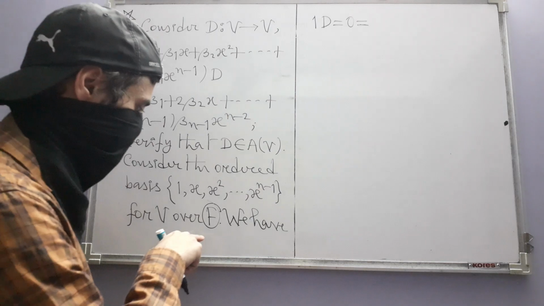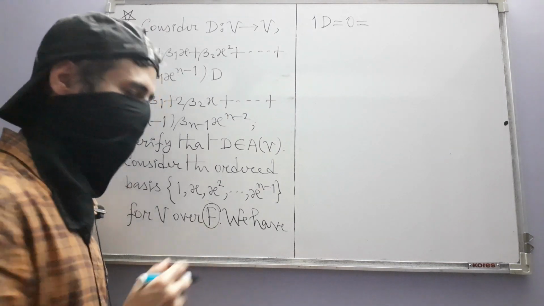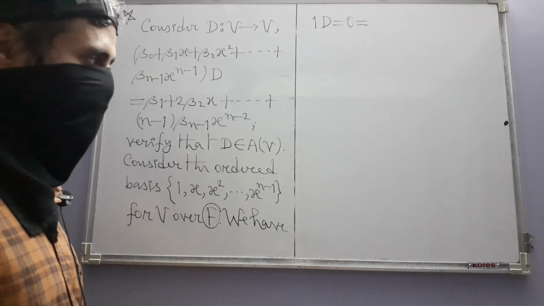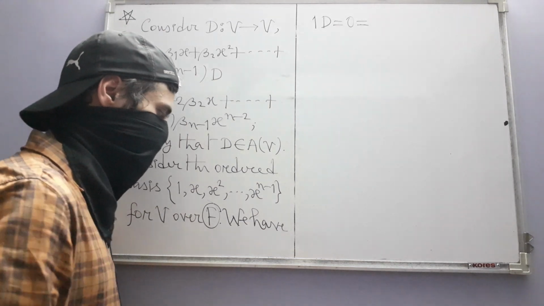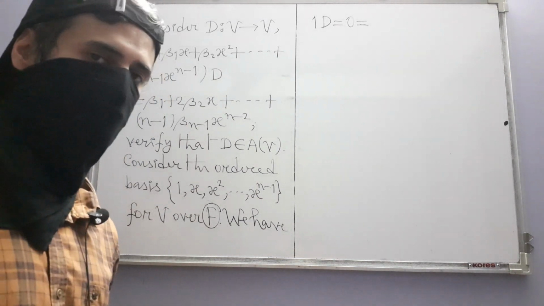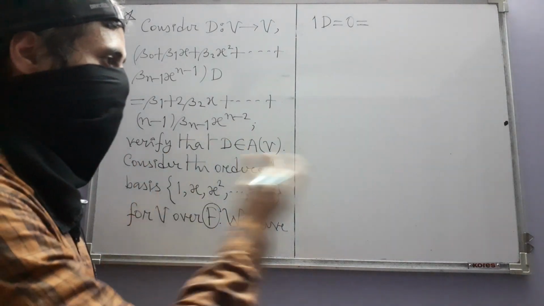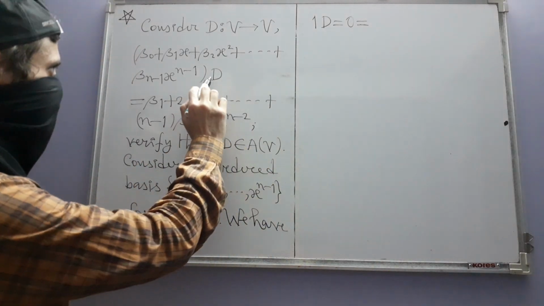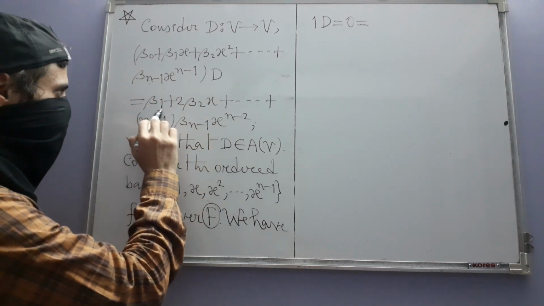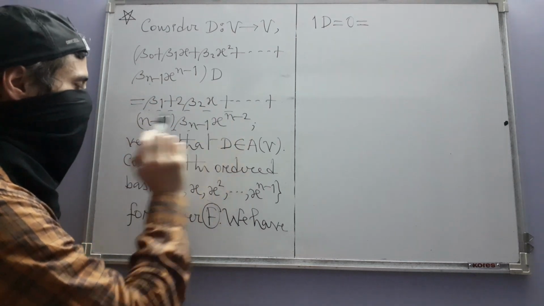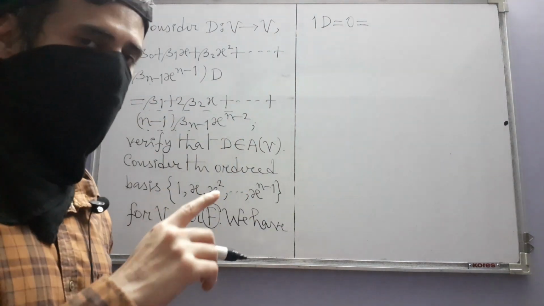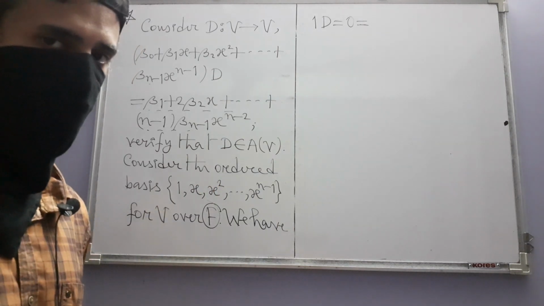That's why I said just now that F can be a finite field also. So in such fields we do not normally have any natural topology that you can use to define D as a limit of something. It is just defined using the form of the derivative polynomial.